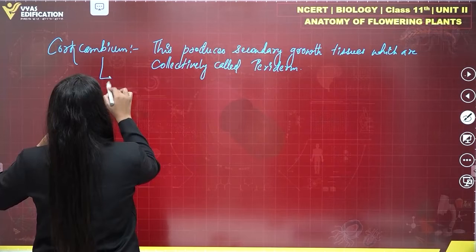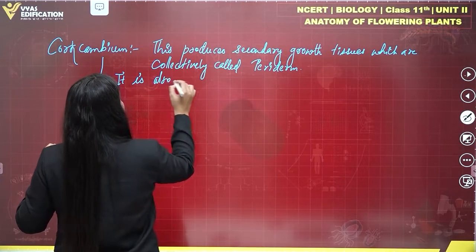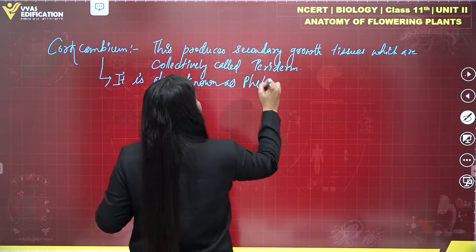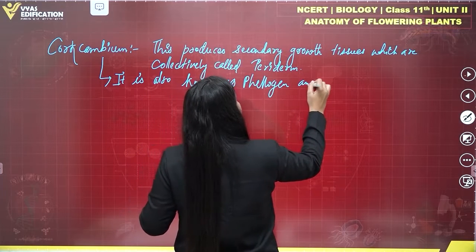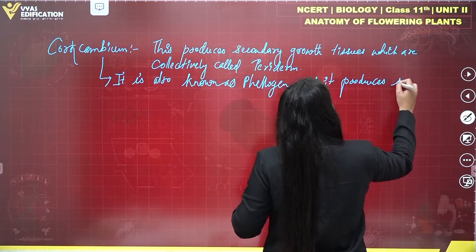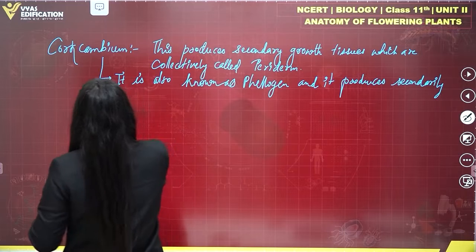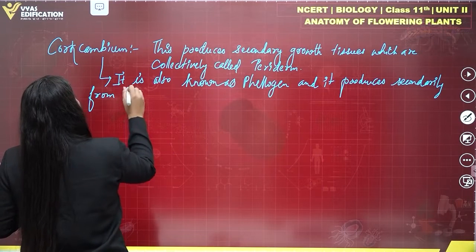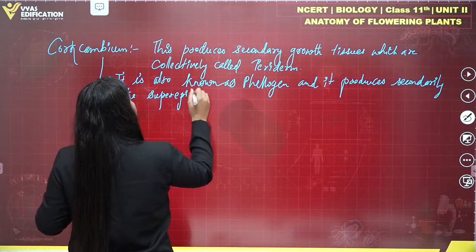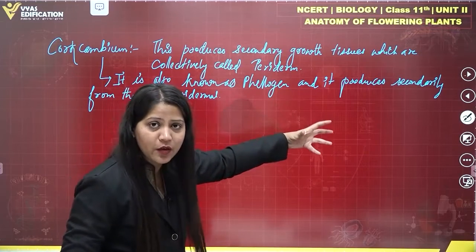Now this Cork cambium is also known as phellogen, and it is produced secondarily from the superficial, that means the outermost epidermal layer.